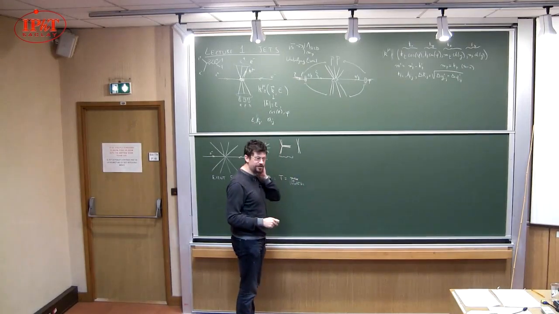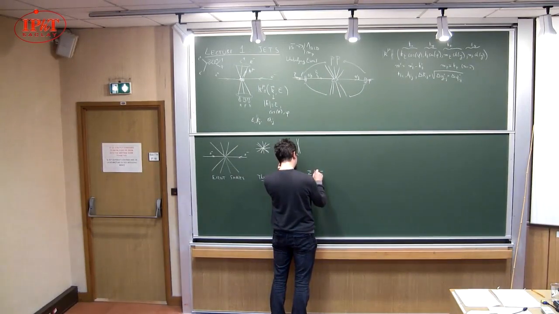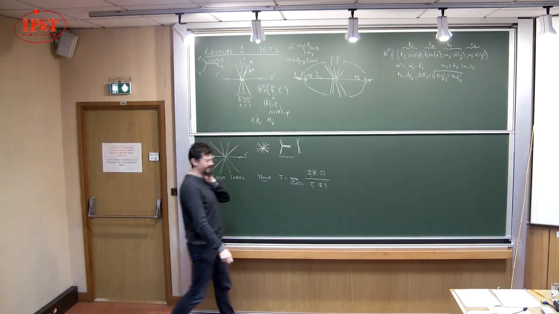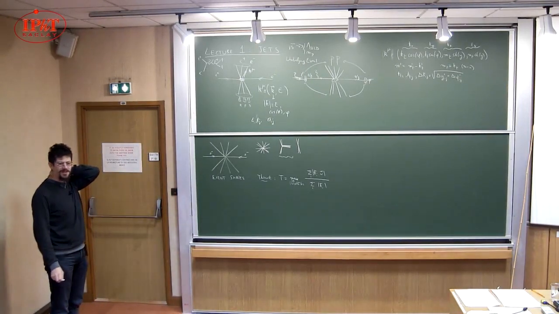So take a direction on the sphere, and what I'm going to do is project all the particles in the final state onto u and normalize it by the sum of energy, essentially, for massless particles.